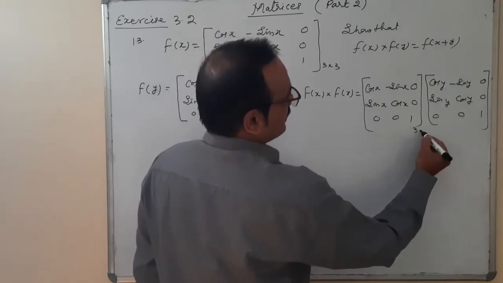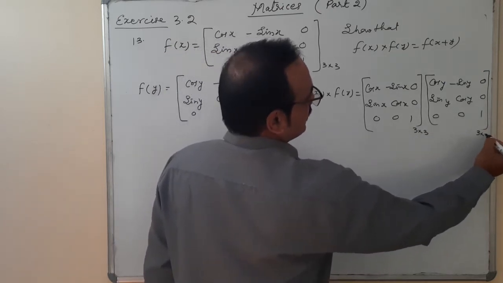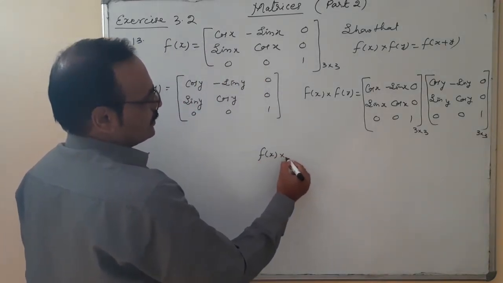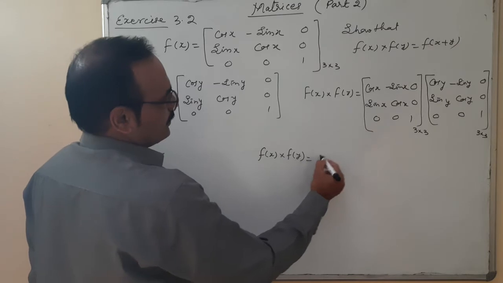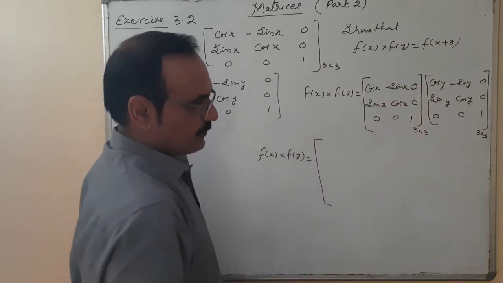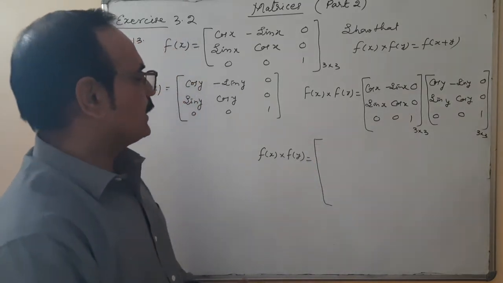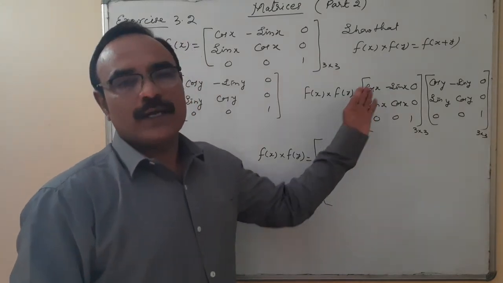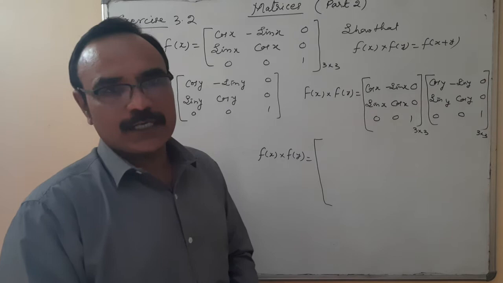That is 3 cross 3, and that is also 3 cross 3. That means the result we are getting will be in the form of 3 cross 3. We'll start multiplying them.